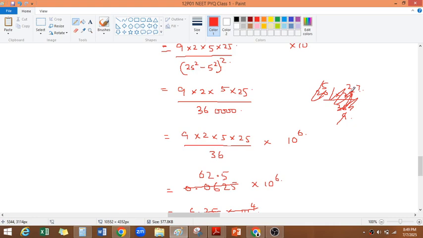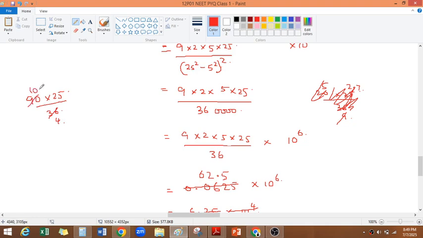So again, what I'm saying is here, I actually used the calculator, which you are not allowed to use in your exams, I think. So I will take this 2 into 5 as 10. I will take this 9 closer to 10, or 10 into 9, 90. So 90 into 25 divided by 36. So maybe if I cancel by 9, it will become 4 times.